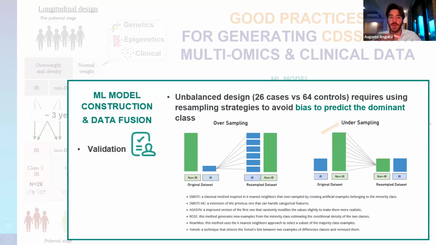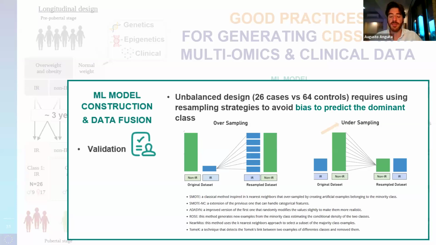But again, for validation, we have another problem, which is the number of cases in comparison to the number of controls. In our case, from the total of 100 kids that we had in our model, when we look at the final outcome after 3 years, only 26 of them developed insulin resistance, and the rest of them, 64, are healthy.